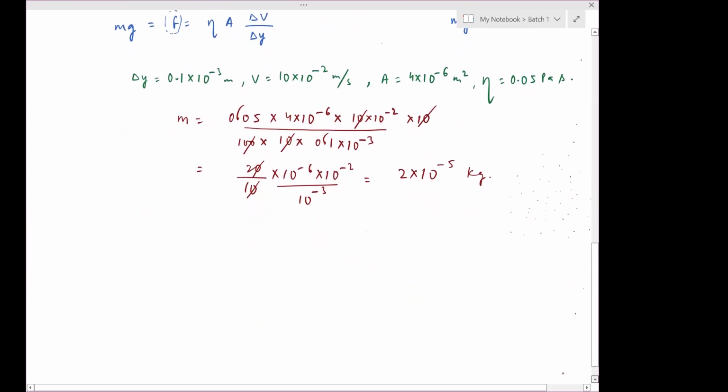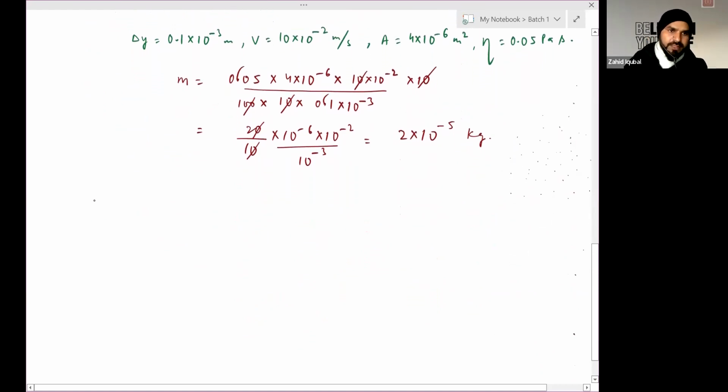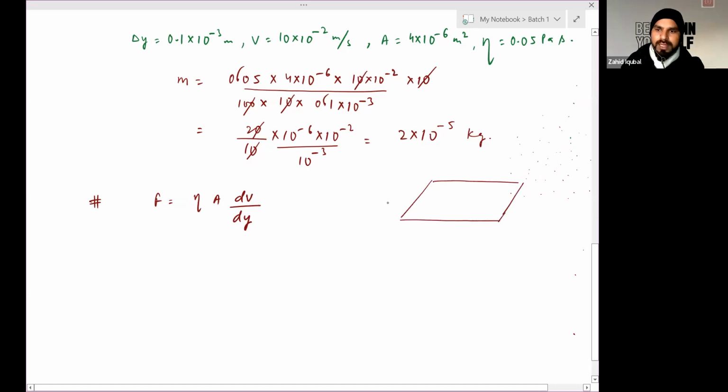Yes, sir. Okay. Now, on the basis of this viscosity, let me define you a relation. Since F equals eta A dV by dy, for this particular layer of liquid, this force will act tangentially along this direction to this area of cross section.